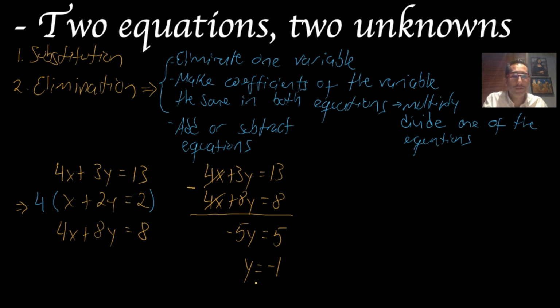So we solved the first variable and we know the value of y. How do we find our value of x so we can have the whole solution? You know that this is part of our solution: y is equal to negative 1. But to solve the system, we also need to know the value of x. The way of doing that, you can take this value of y and replace it either here or here.